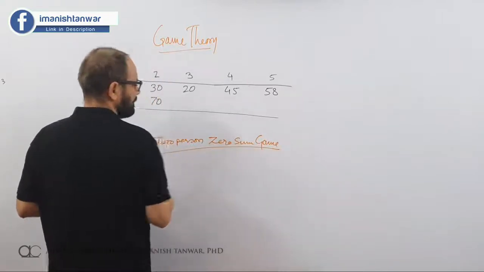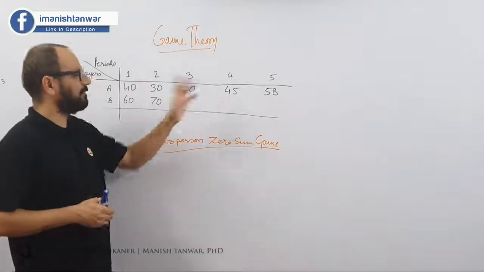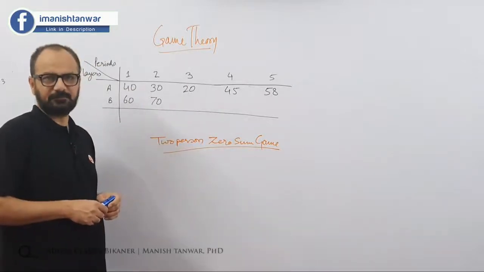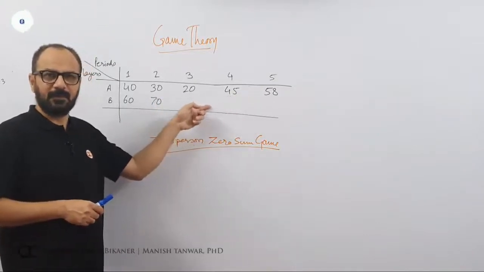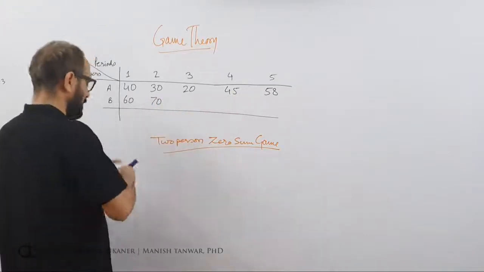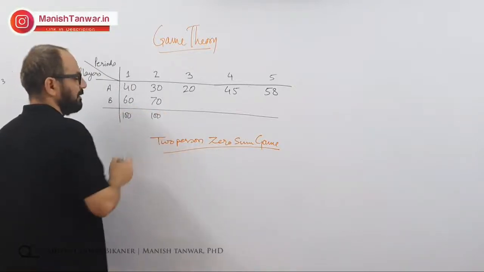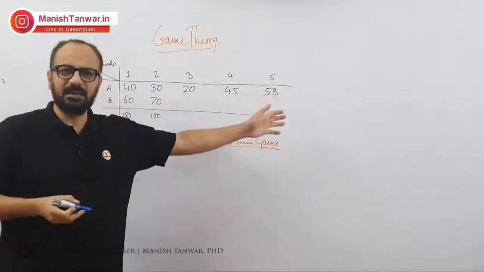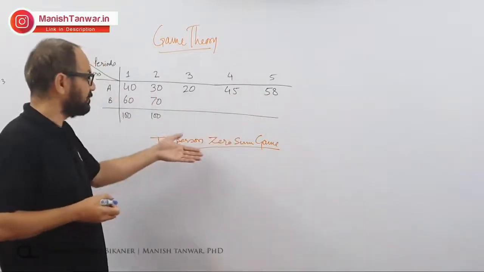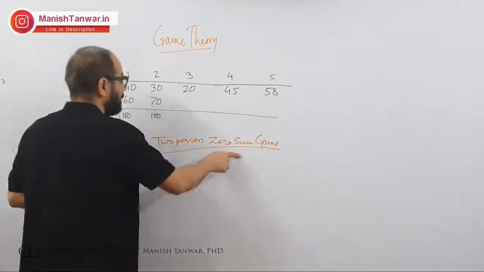Why are we restricting ourselves to two-person zero-sum games? Reason is, I have written only this much information. Now, can you tell me what we'll be having over here? Definitely you can tell me. Why? Because the market size was 100. This time also market size will be 100. And it is a two-person game. Of course, I have taken only A and B. It is a zero-sum game, and that is very important. Why?